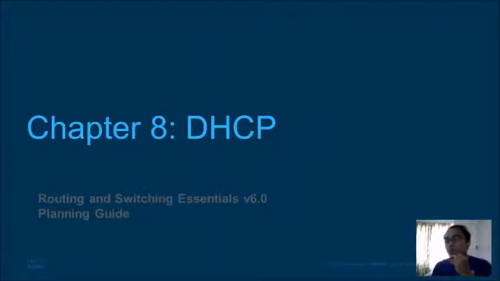So what we are going to do is we will let the router become the DHCP server and give out IP addresses to all of our PCs. So we are going to run through the concepts first, so you understand how the router gives out IP addresses to the PCs.